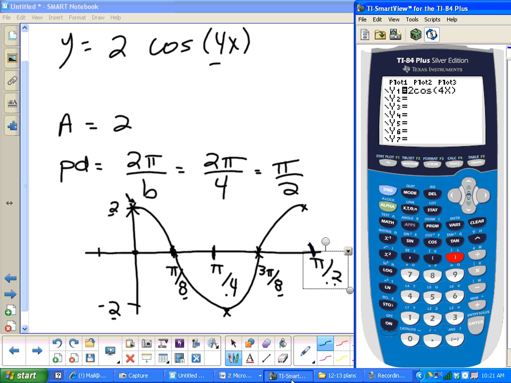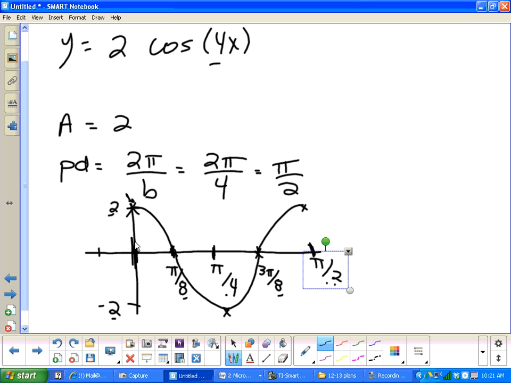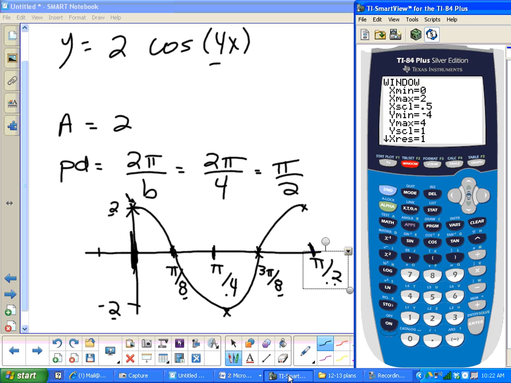Okay. So before you hit graph, so that we can make the graph on the calculator look like my graph on my paper, you go to window, and we're going to change the window up. Okay. Now, the x minimum, we want to be 0, right? Because we're starting right over here at 0. And we pretty much start that way every time. Now, what about the x max? Pi over 2. Okay, so you push in pi over 2. Now, don't freak out.